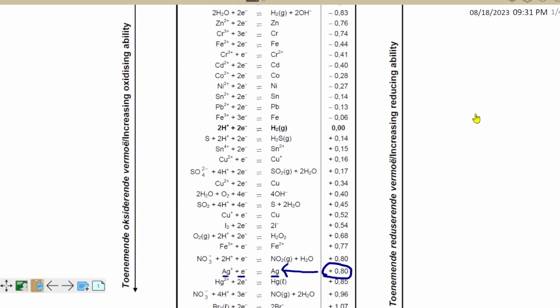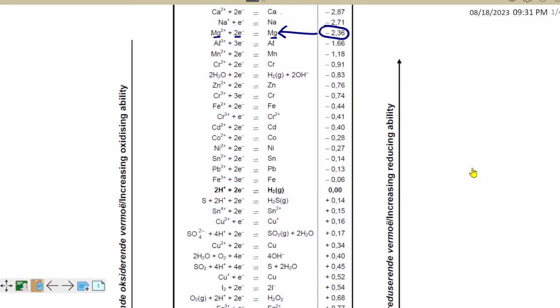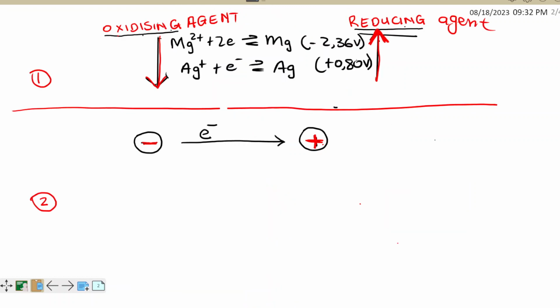So I'm going to take these two reactions and write them on a separate piece of paper. Okay, so this is the format that we use. We write the arrow pointing downwards on the left and say oxidizing agent. Then we write the arrow pointing upward, and then we write reducing agent.